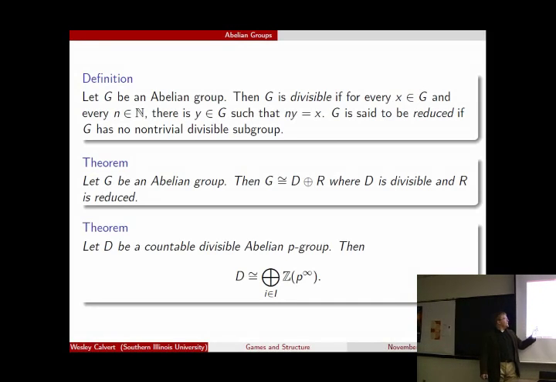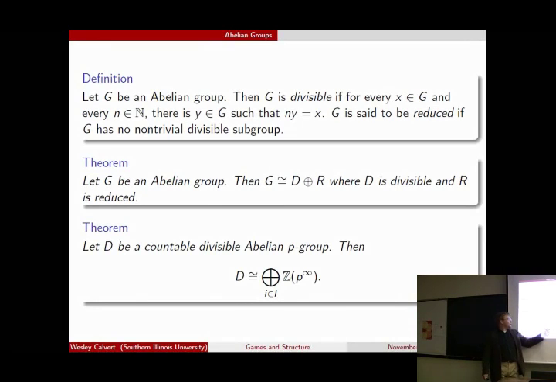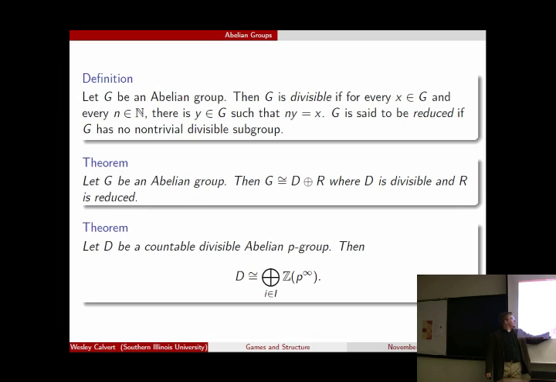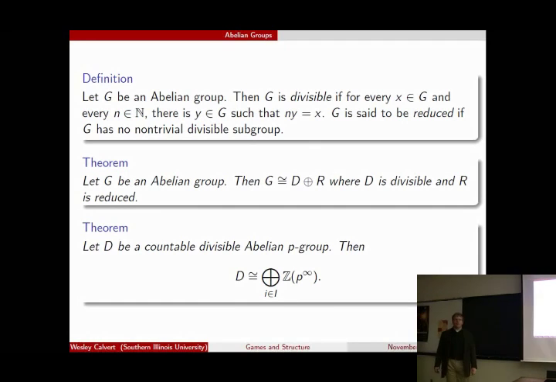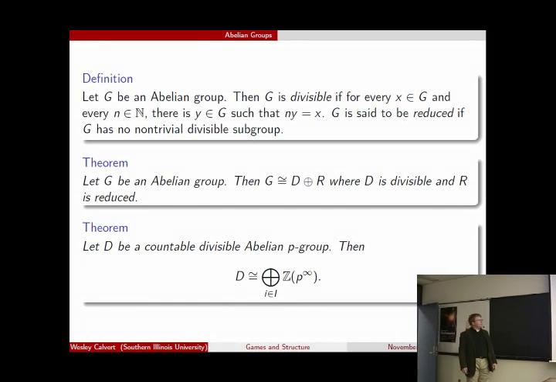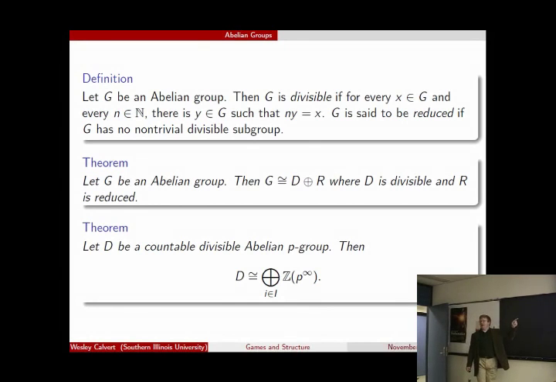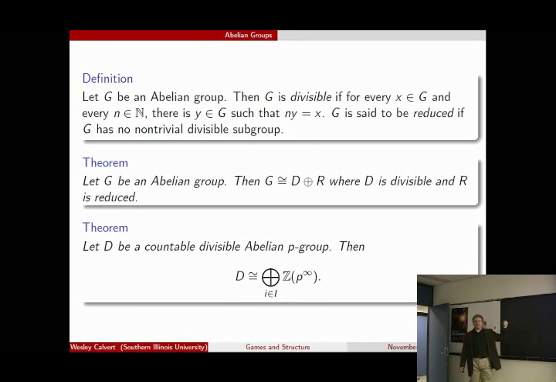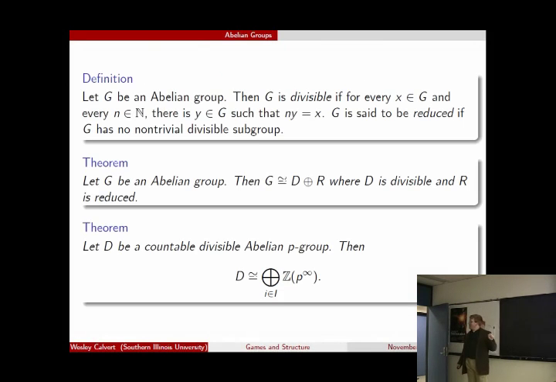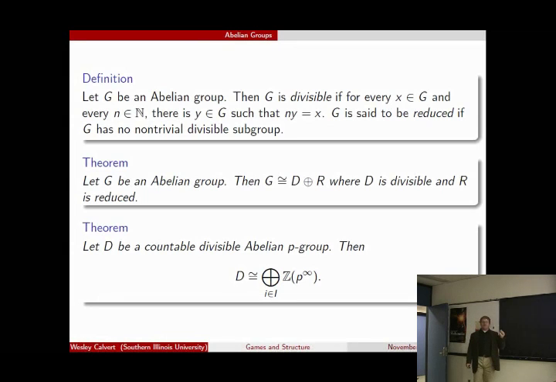If you have a countable divisible abelian p-group, in fact, it may not even have to be countable, but certainly a countable divisible abelian p-group, then it has to be isomorphic to a direct sum of Prüfer groups. And those we know something about. We know what Z(p^∞) looks like. Think of it as the set of all p-power roots of unity in the circle. Or you can think of it as a subgroup of Q/Z, where all the denominators are some power of p.